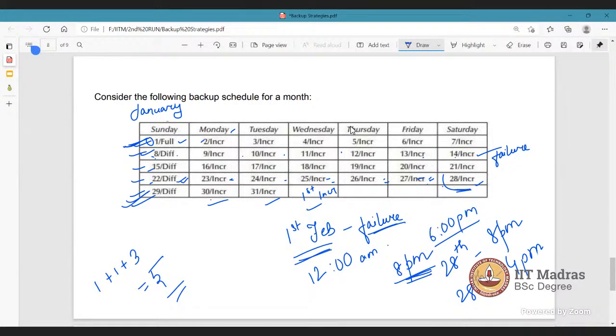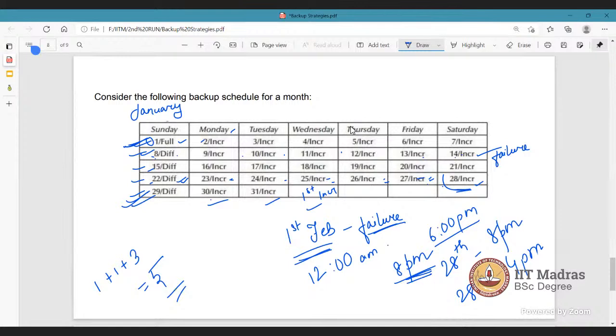Ma'am, if we take a full backup on the 1st of February for the whole month, then we need only one backup, because we take it on the first day of any month. Here, if we take it on the first day of every month, then only one is needed, and if we take it only on Sunday, then this is correct.